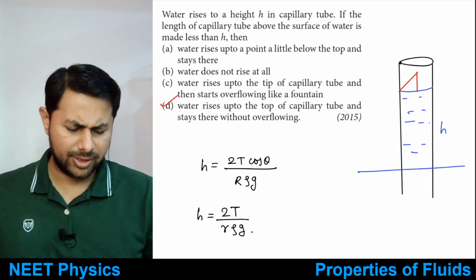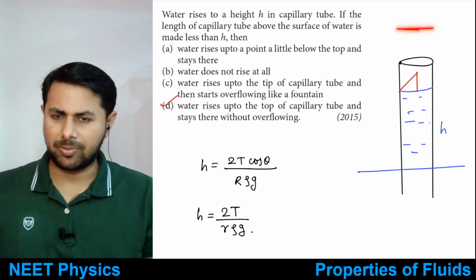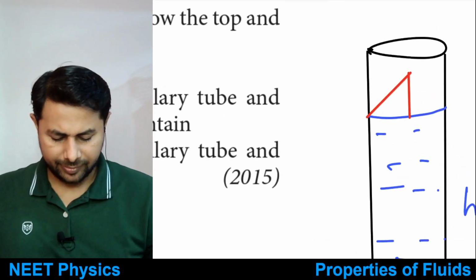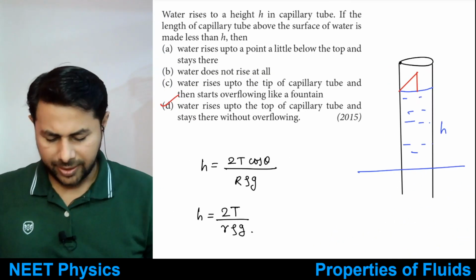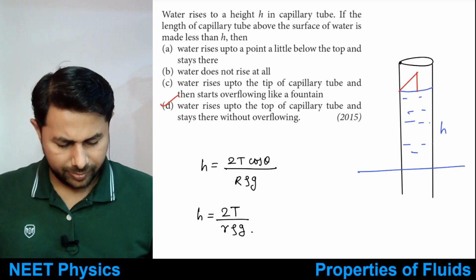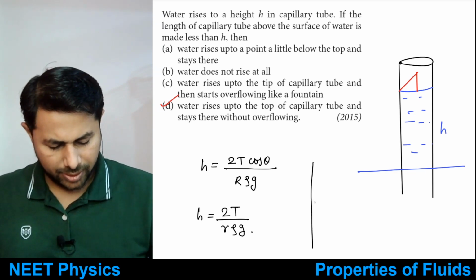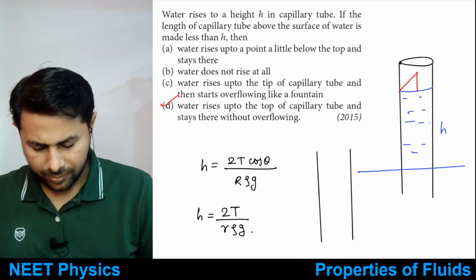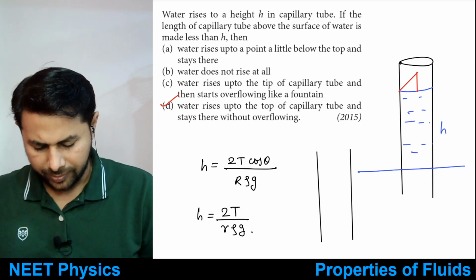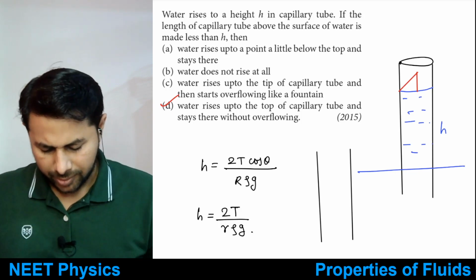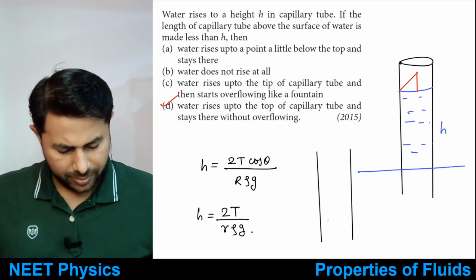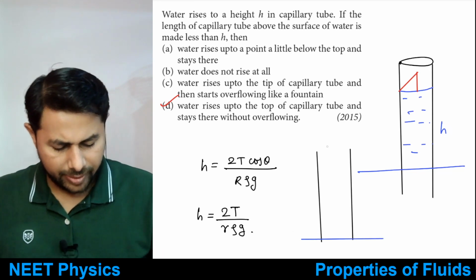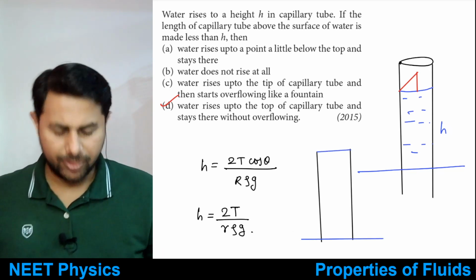Suppose this is a cut tube. Earlier the height was up to this one. Now the water level rises up till this height, or let me draw another tube. So this is another tube which is cut, and this is the original water level, and suppose the water rises up to this level.